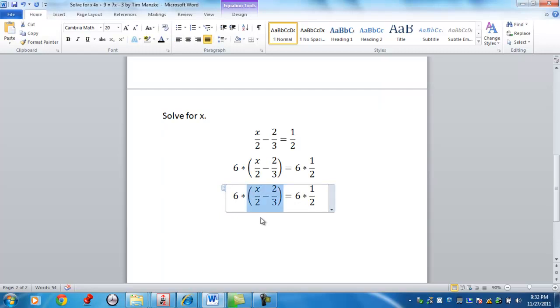I'm trying to get rid of that fraction here.